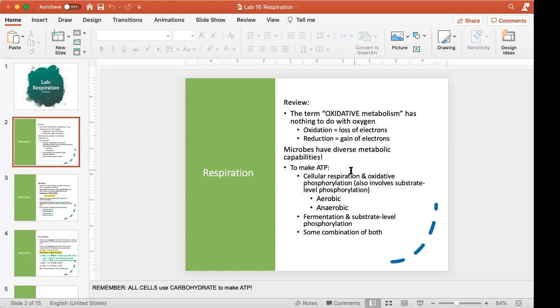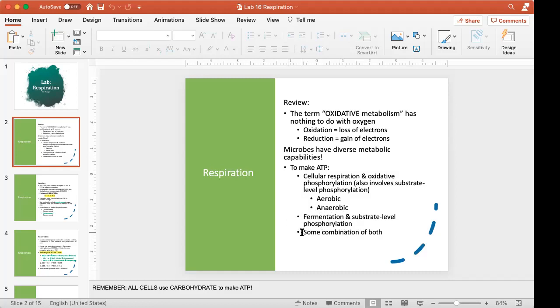They never do cellular respiration. In fermentation, ATP gets made, but it's made using substrate level phosphorylation, much less efficiently. But ATP is ATP.